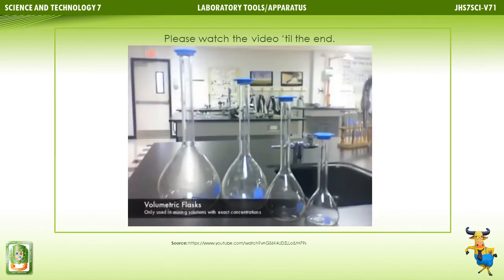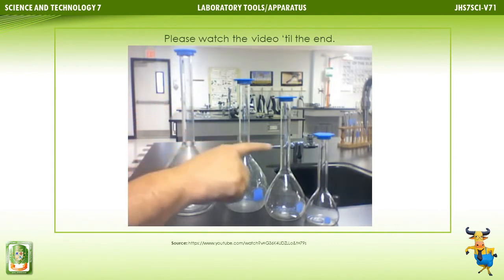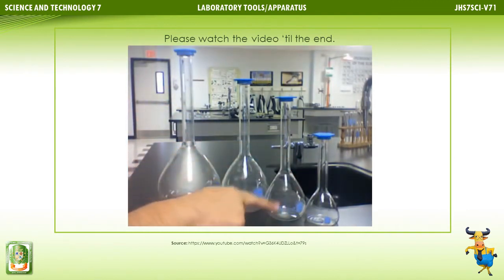Okay, here we have volumetric flasks. These are used to make solutions. We don't use them to measure in. We don't use them to heat things in. All we do is use them to make solutions. They only have one gradation, one line on them, and for example this one says a 250 milliliter volumetric flask.